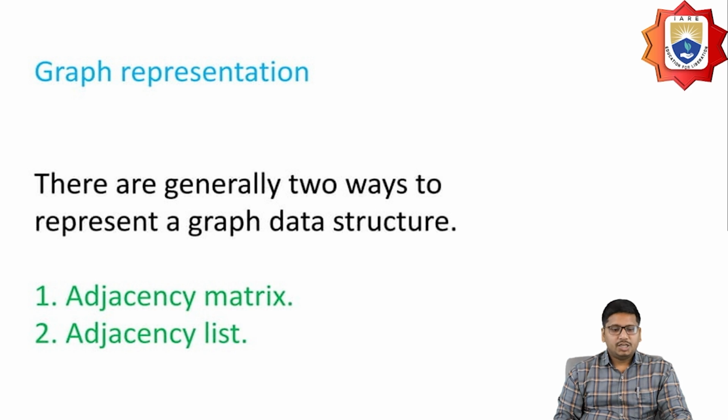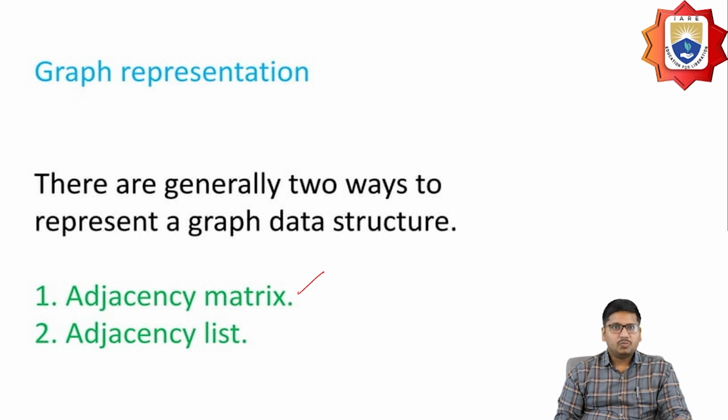For graph representation, there are two ways to represent a graph data structure. The first one is the adjacency matrix and the second one is the adjacency list. Mainly we represent a graph in the form of an adjacency matrix.